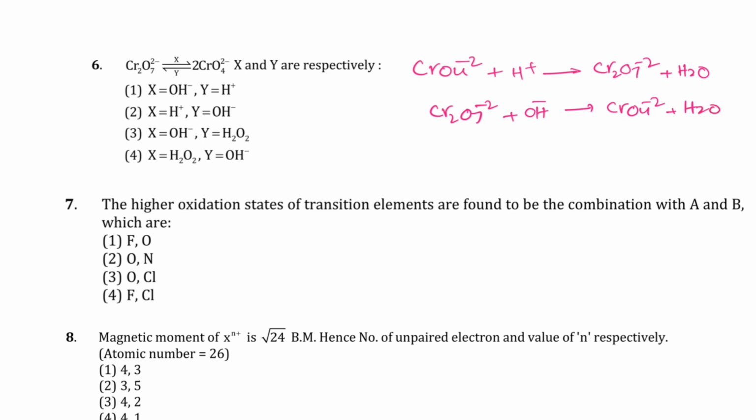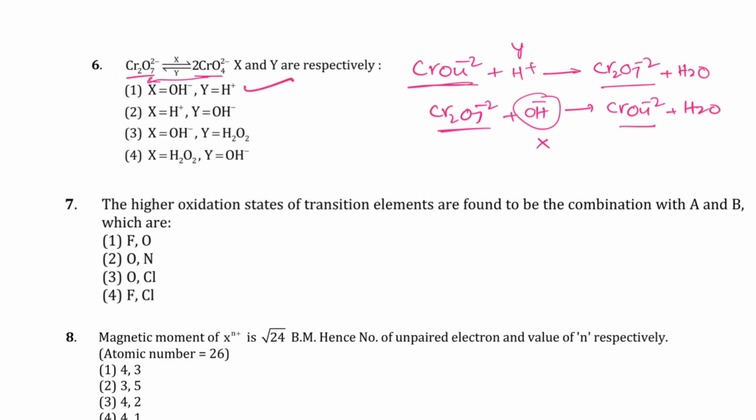It is not balanced, but this is the equation. So dichromate converts to chromate in basic medium, and chromate converts into dichromate in the reverse reaction, that is, in acidic medium. So that is the first option.